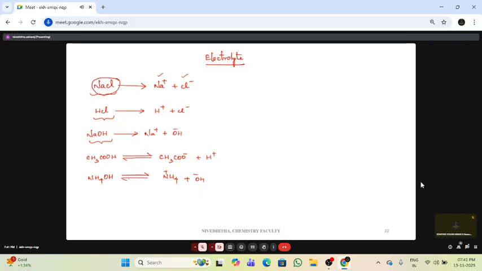See, here the undissociated compound and its constituent ions are in equilibrium. Here also the undissociated compound is in equilibrium with its constituent ions, right? All the five are electrolytes, but there is a difference between the first three and the last two. What is the difference between the first three compounds and the last two compounds?